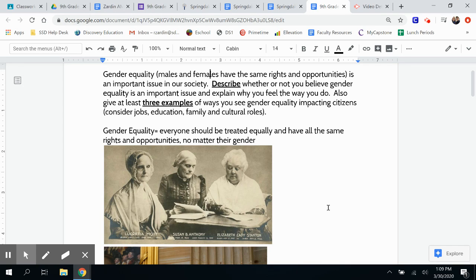Okay? When people think of gender equality and that fight for gender equality, the 3 women that usually come to mind first are these 3: Lucretia Mott, Susan B. Anthony, and Elizabeth Cady Stanton. These 3 women are the ones who in the early 1900s led the convention at Seneca Falls for women's rights.